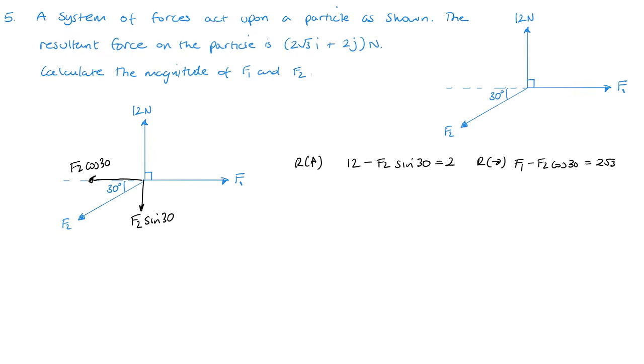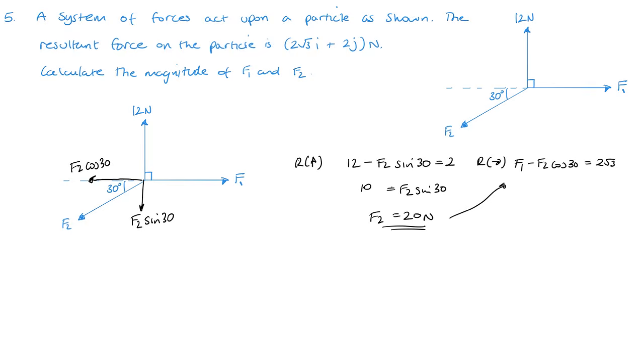So now we can use the first one to find F2. F2 sine 30 is going to be equal to 10. Sine 30 is a half, so F2 is going to be equal to 20 newtons.